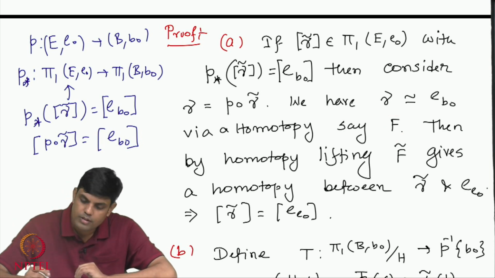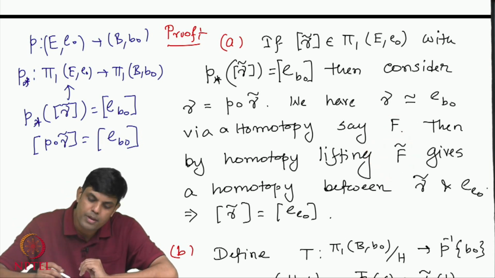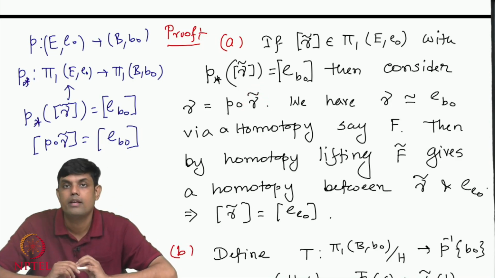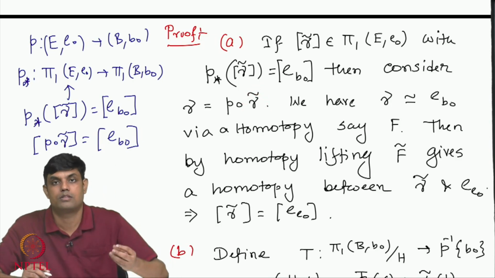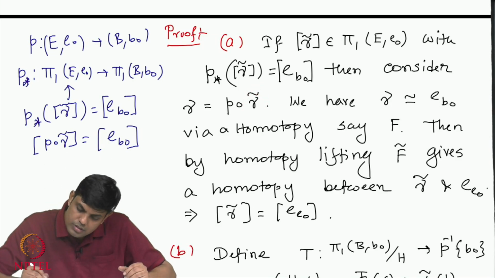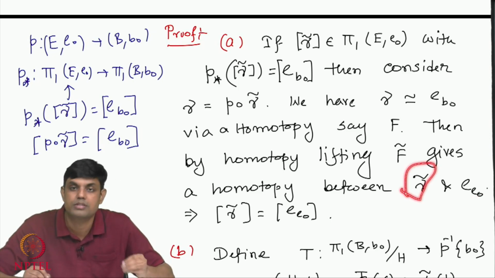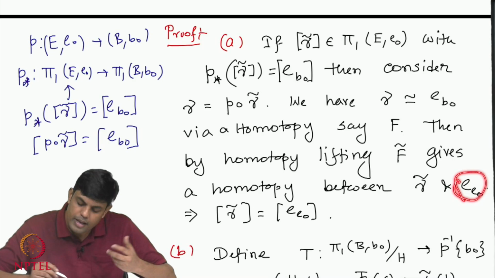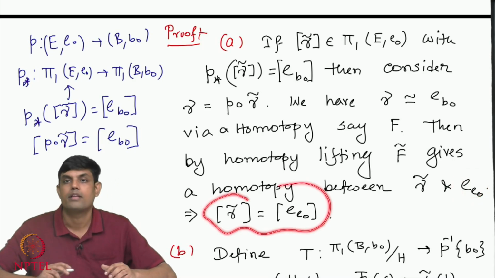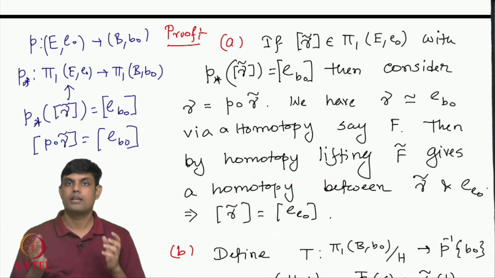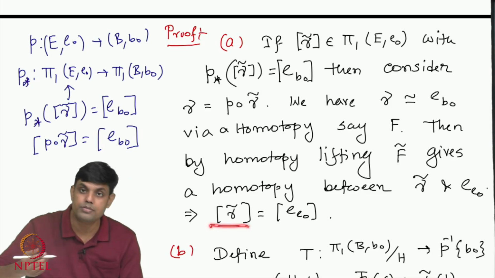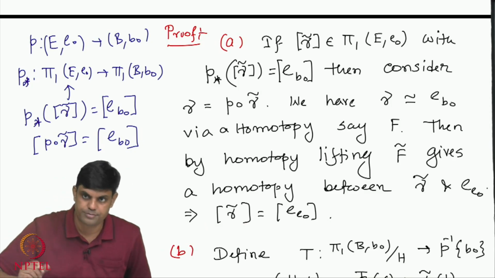Lift this homotopy. This will give you a homotopy between the lift, which is gamma tilde, and the constant loop. The lift of a constant loop is again constant, right? So therefore I get a homotopy between these two loops, the lift of gamma, which is gamma tilde, and the constant loop. In particular, the homotopy class of gamma tilde is trivial. Therefore gamma tilde is trivial, therefore P star is injective.